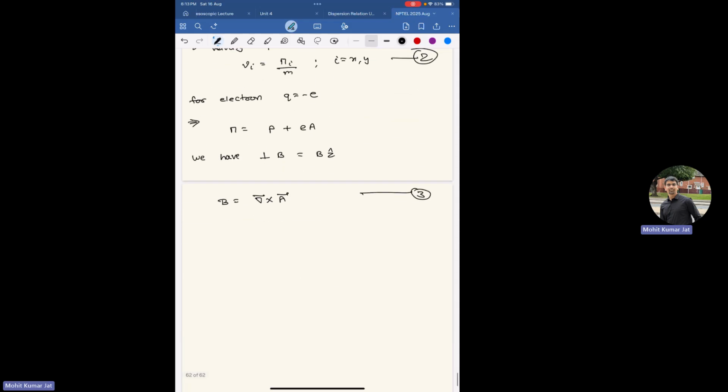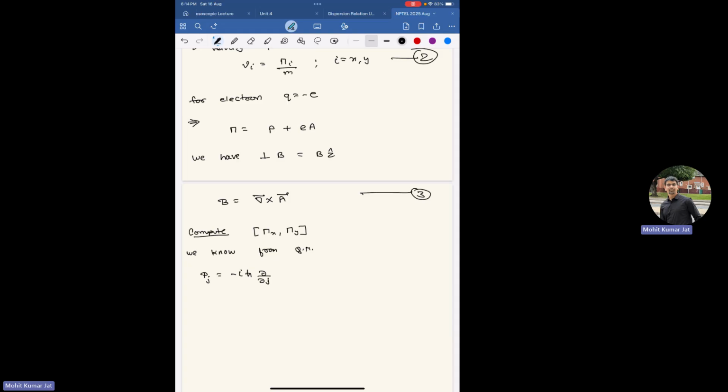Now we'll have to compute the commutation of pi x and pi y, because if we can compute the commutator of pi x and pi y, then for Vx and Vy we can just replace by pi i by m for Vi. We know from the basic quantum mechanics course that Pj, whatever j you write, will be minus i h bar del by del j.